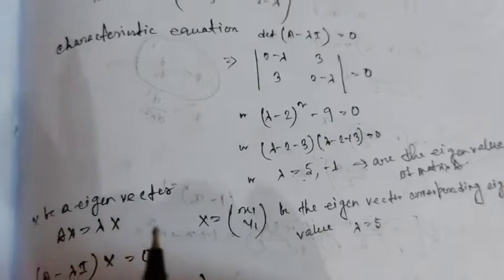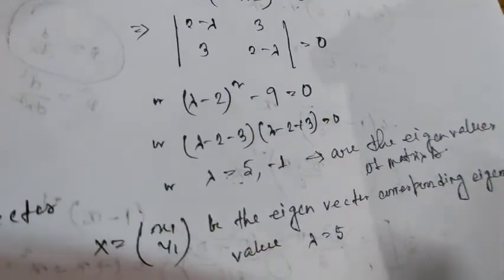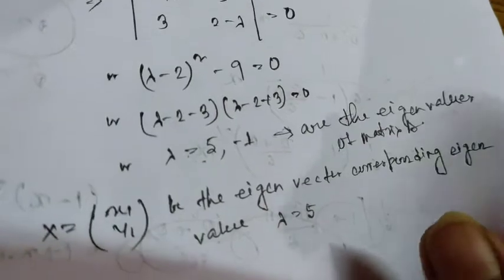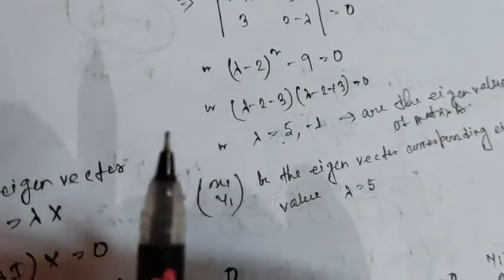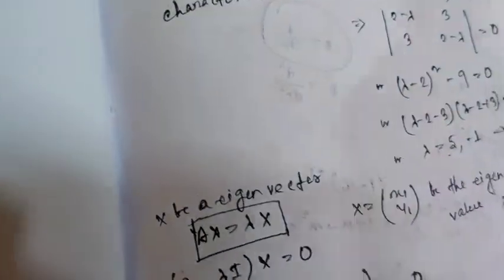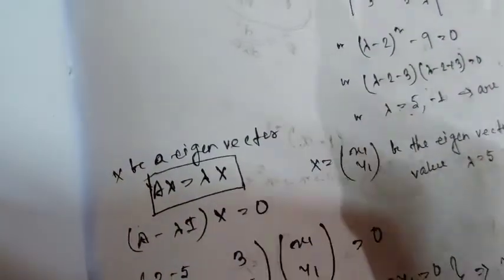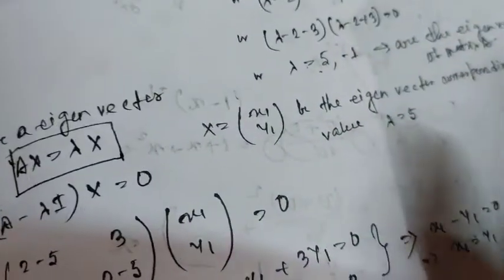Now the next question is how can we find the eigenvector corresponding to the eigenvalues? We find the eigenvector by using the condition Ax is equal to lambda x, where lambda is the eigenvalue. And remember one thing, the eigenvectors are always written as column matrices.